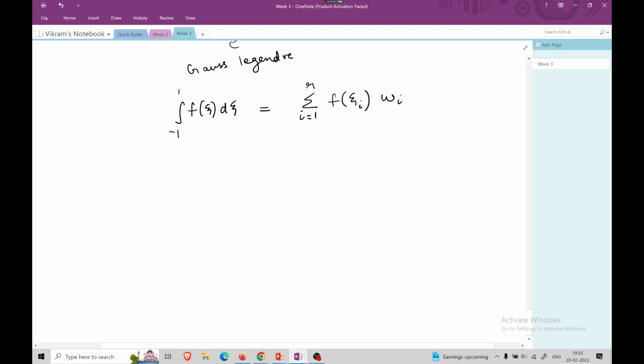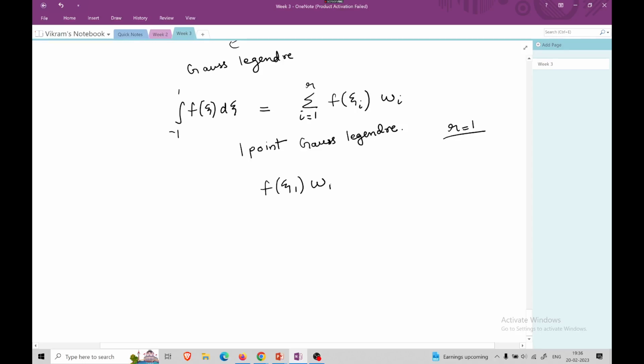Okay, so firstly let us have a 1-point Gauss Legendre. So 1-point Gauss Legendre means r is equal to 1, which means f of eta 1 into w1.